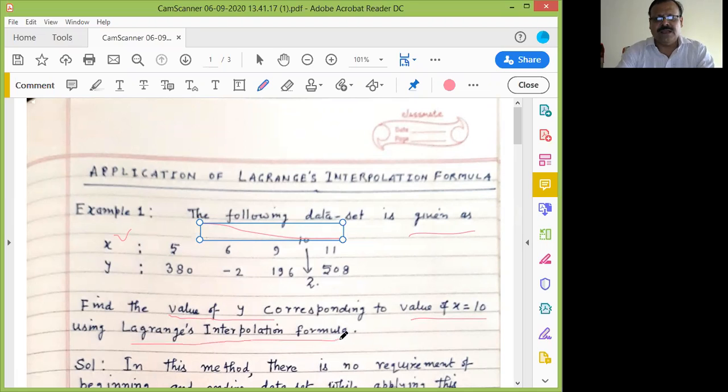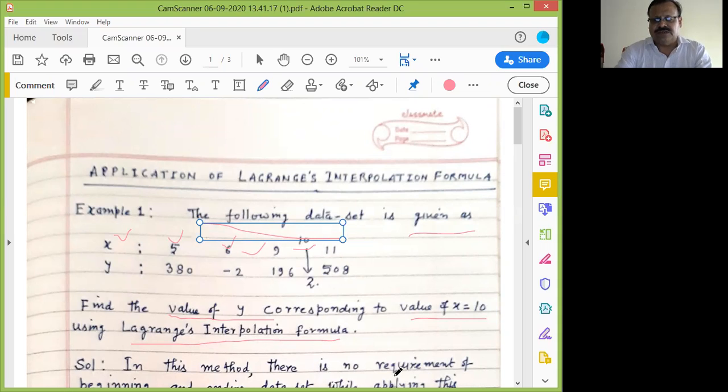Here Lagrange has one special facility, that is, arguments are unequally spaced. Arguments are unequally spaced means you look here: 5, 6, the space is 1; 6 and 9, the space is 3; and 9 and 11, the space is 2.